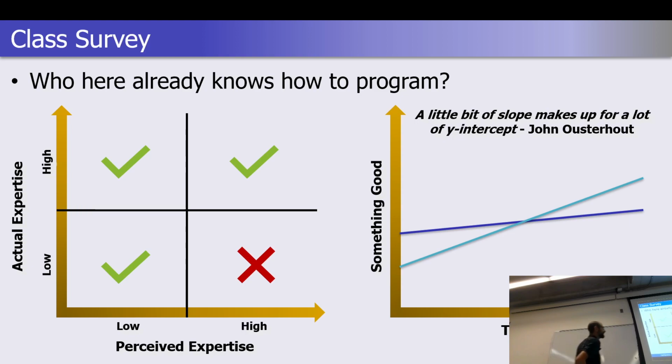And the quote I like is, a little bit of slope makes up for a lot of y-intercept. You may be stressed out today that you feel you are here, and everybody else, when you talk to them after class, you feel like they might be here. And of course, that might be the case, right? We all come from different backgrounds with different experience and exposure to programming, and maybe just different initial innate ability. That's fine. A little bit of that slope can really make up for that additional amount of y-intercept.